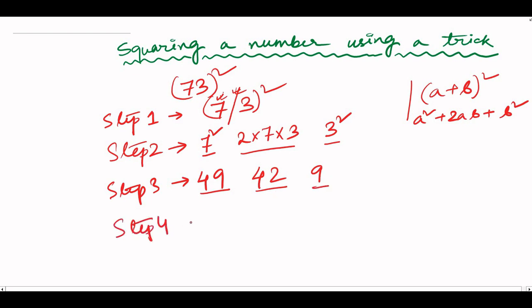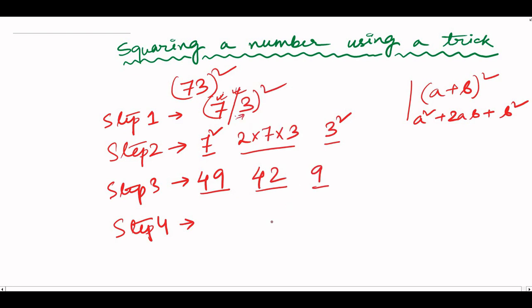Now the step 4, which is the final step for solving this problem, we have to see how many digits are there after the separator that we have taken in step 1, right? So in the right hand side of the separator, there is only one digit.